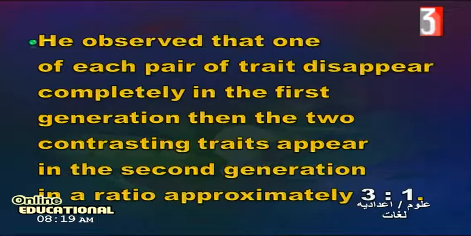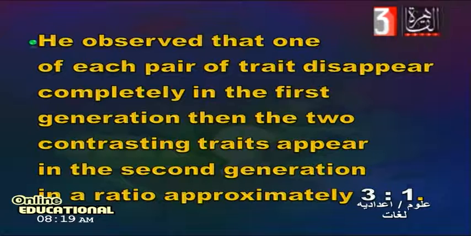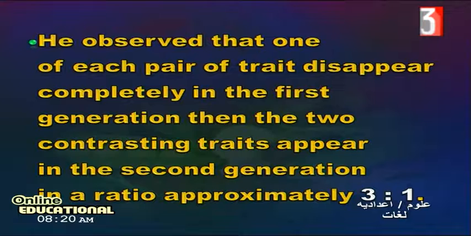He observed at the end of the experiment that one of each pair of traits disappears completely in the first generation. Then the 2 contrasting traits appear in the second generation in a ratio of approximately 3:1.